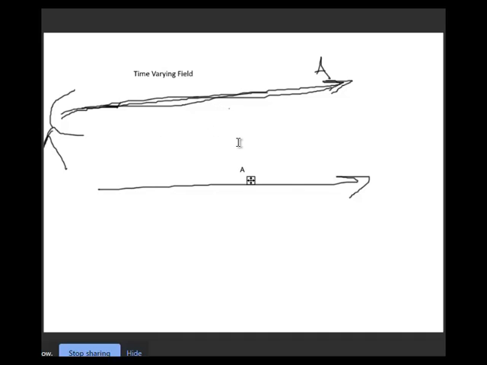So Maxwell, who collected four equations that are labeled as Maxwell's equations, those equations are to be verified whether they are valid for time varying fields also or not. So we will check all four equations one by one.